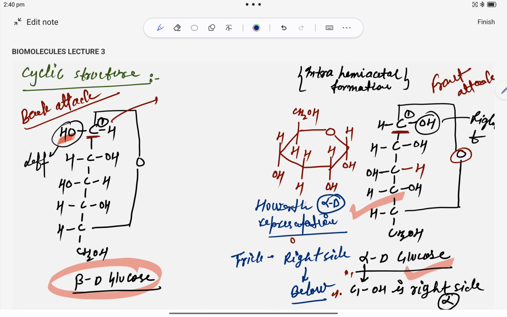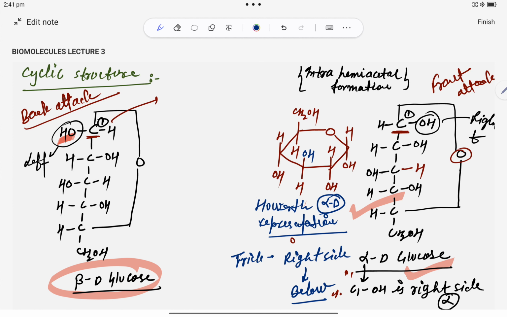Okay, carbon number 1, OH, then H, OH, here H, oh sorry, in this case here it will be OH, then OH, H, CH2OH, H. So that is the cyclic structure, children. In that case this is the cyclic structure. I hope it is clear now. The cyclic structure is clear to you.